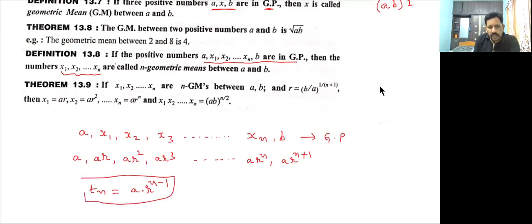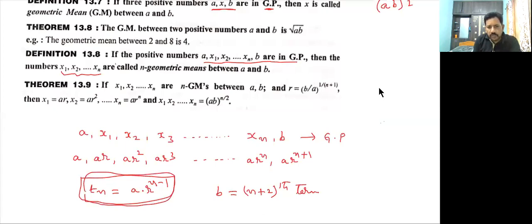Here, from X1 to Xn there are n terms, and A and B are also included, so totally n plus 2 terms. So B is equal to the n plus 2th term.